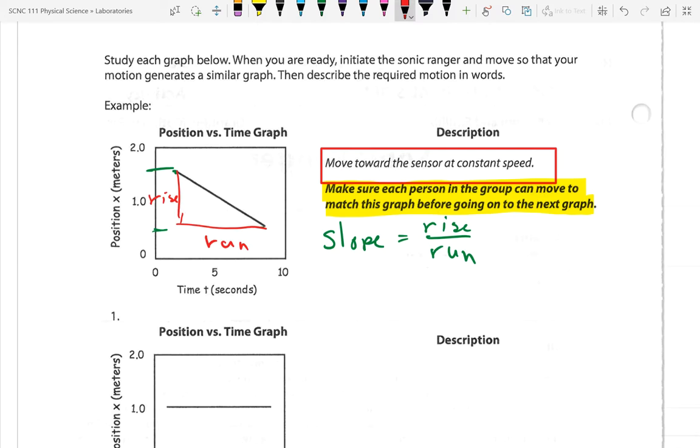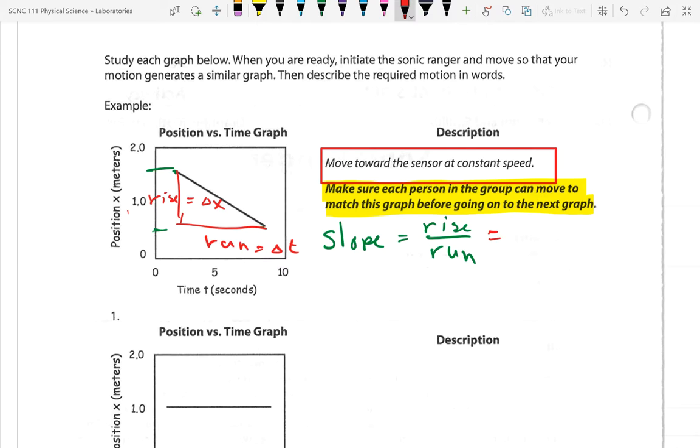Now, if I look at what I have on the axes of the graph, the run here is measuring a change in time. And so the run is equal to the change in time. The rise is measuring a change in position. So the rise is change in position.